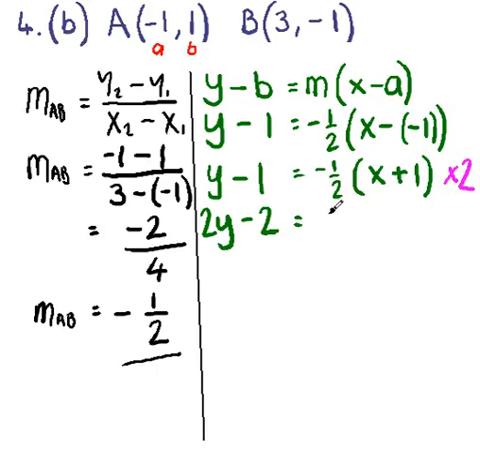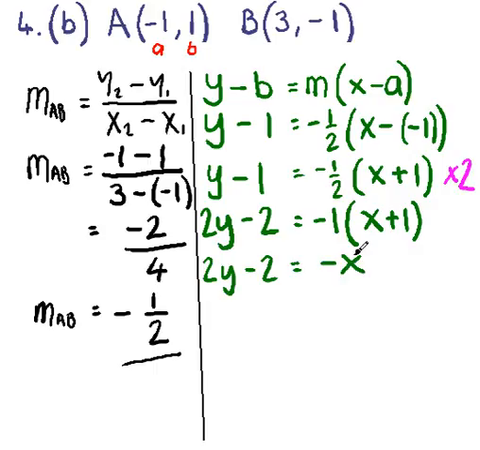Multiplying a fraction by 2 just means the bottom disappears, which leaves minus 1. And then we have x plus 1 in the bracket. So that gives us 2y minus 2 equals, and then minus 1 times x is minus x. Minus 1 times plus 1 is minus 1.